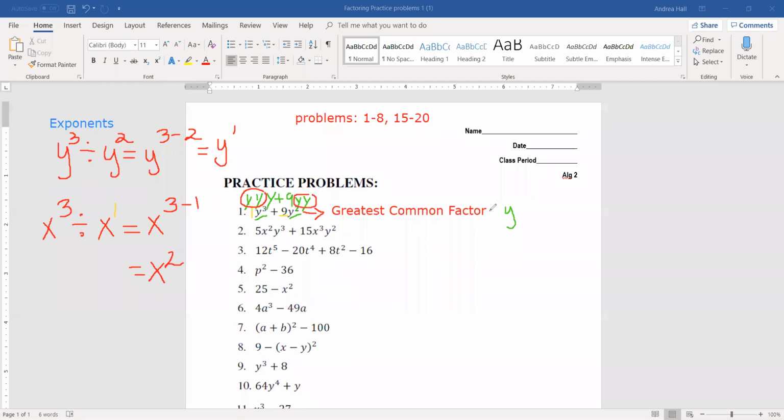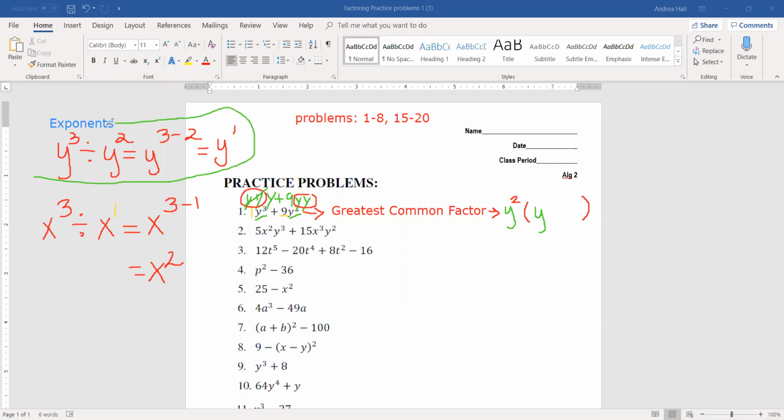So when I factor out the greatest common factor, I'm going to factor out y squared. That 2 lets me know there are 2 y's. I'm going to put parentheses, and put what's left after I factor it out inside the parentheses. If I factor out the two y's, y cubed divided by y squared is y. That's what we were doing up here.